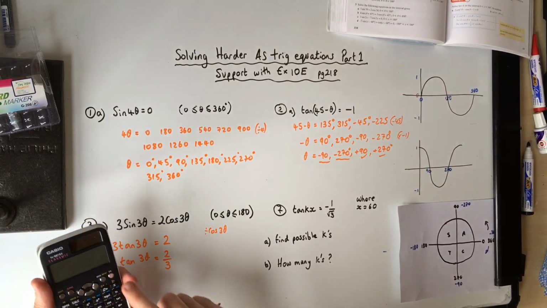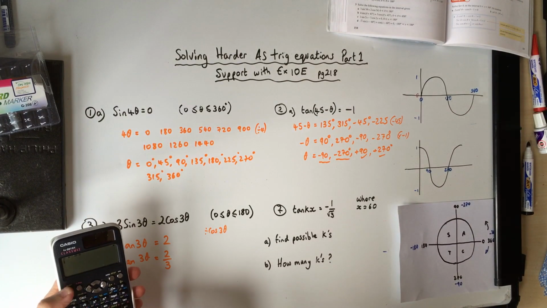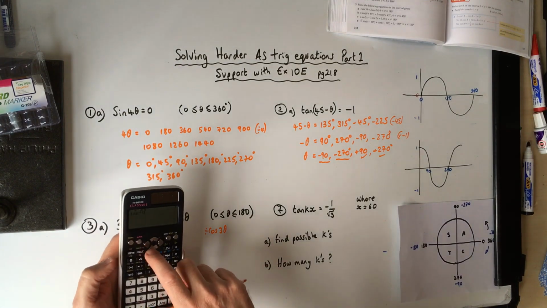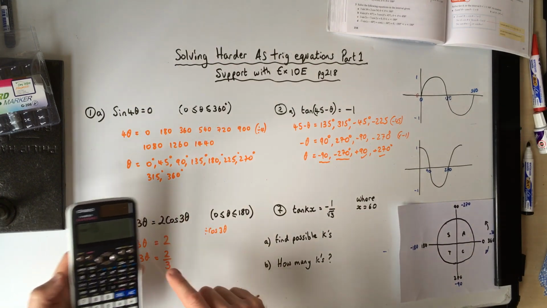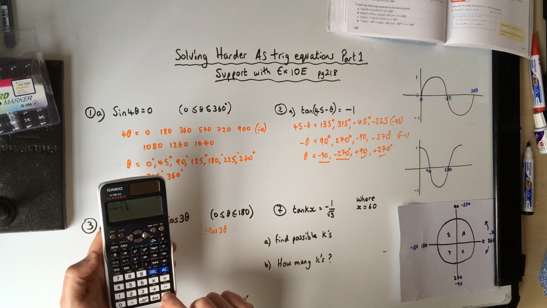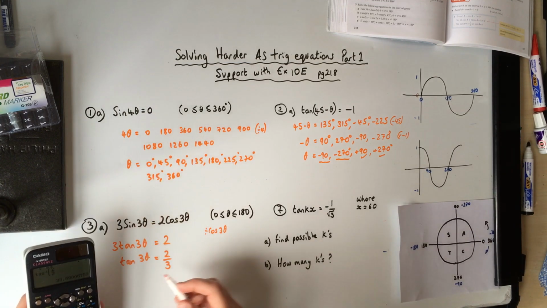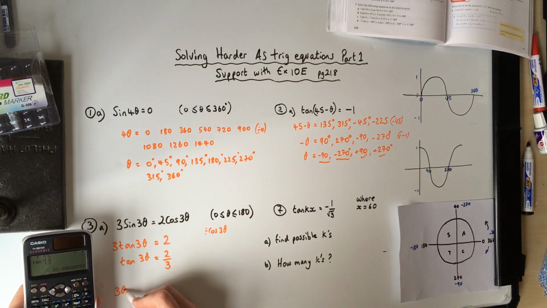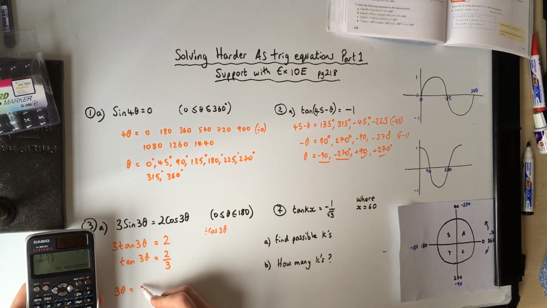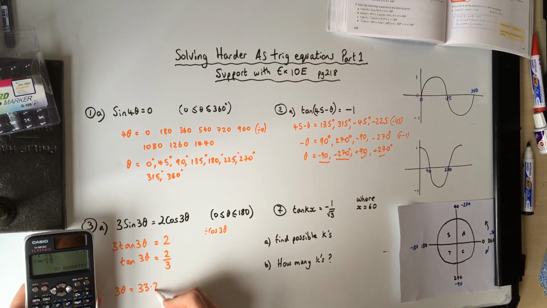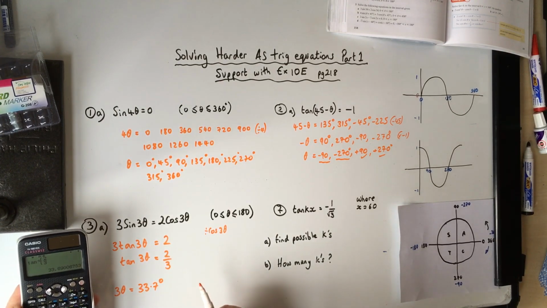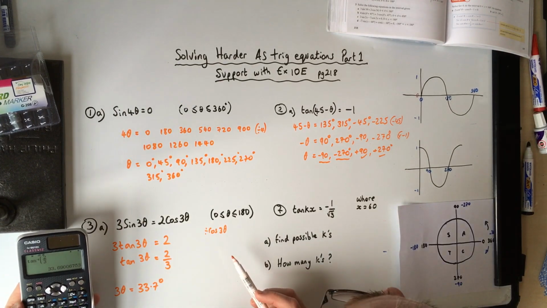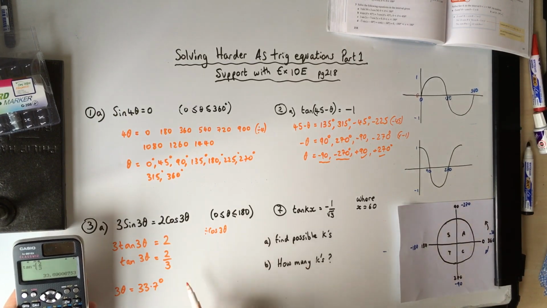I haven't got this one worked out. So shift tan of 2/3, and it's positive, so that's easy, and that is equal to 33.7 degrees. So 3 theta, remember, is equal to 33.7 degrees. It is in the range, let me just check, between 0 and 180 degrees.